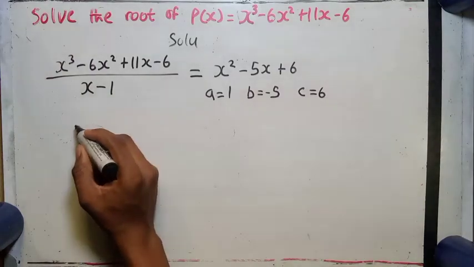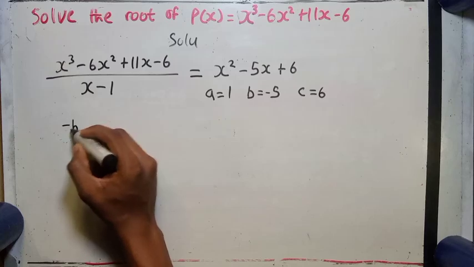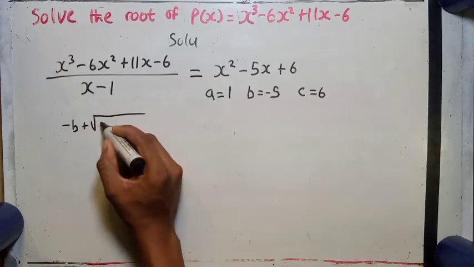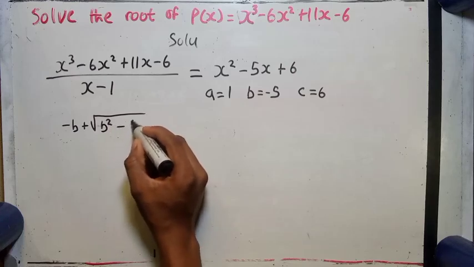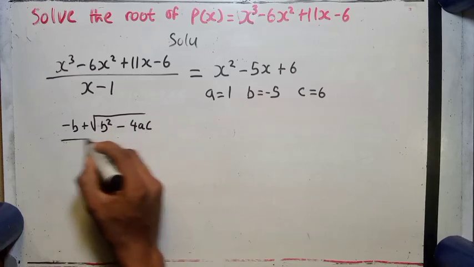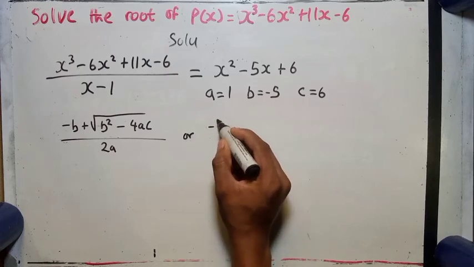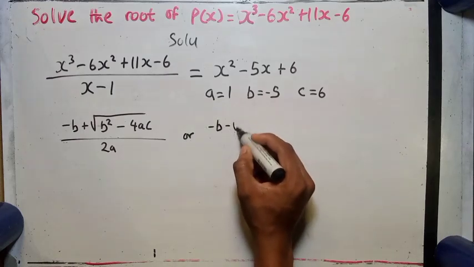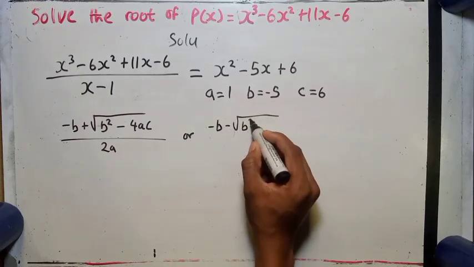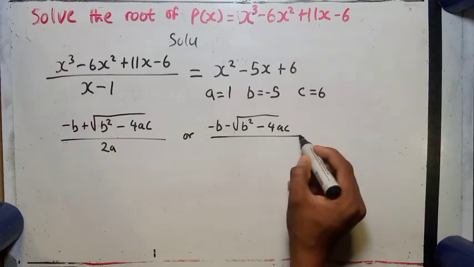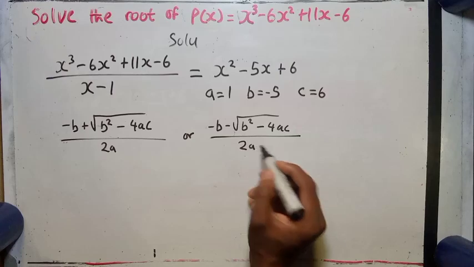Putting it in the almighty formula, which is minus b plus square root of b square minus 4ac over 2a, or minus b minus square root of b square minus 4ac over 2a.